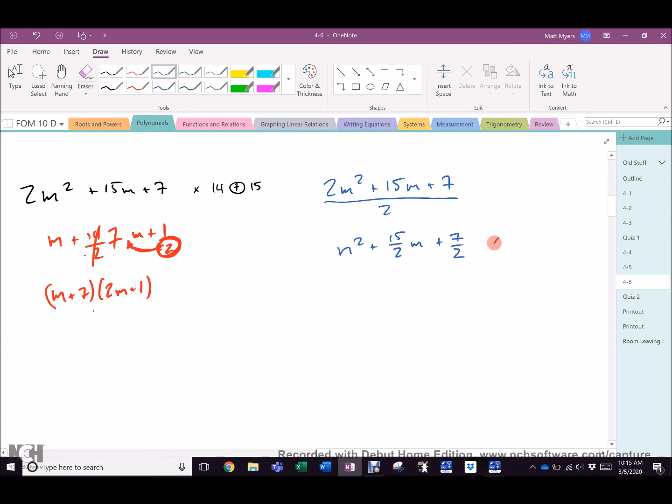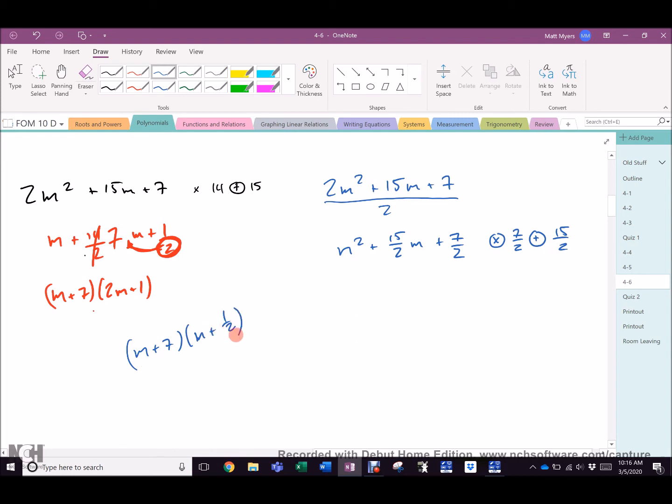So if I could find numbers that multiplied to 7 halves and added to 15 halves, would I have this factored? I would, wouldn't I? Everyone agrees?